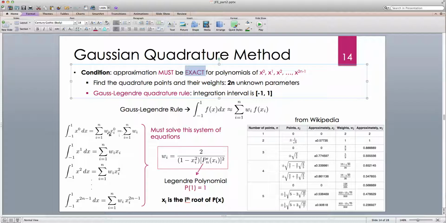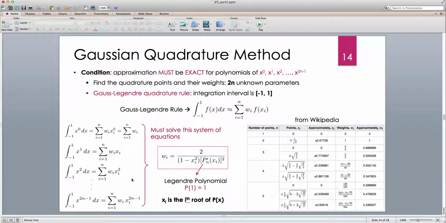This approximation must yield exact equality for polynomials x^0, x^1, x^2 up to x^(2n-1). So 2n polynomials from degree 0 to degree 2n minus 1. And it gives us 2n equations, which helps us to uniquely determine the wi's and xi's.